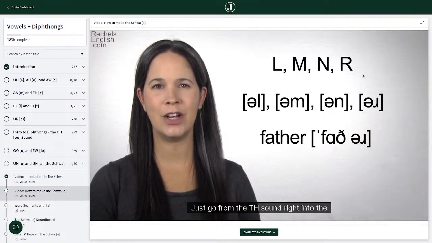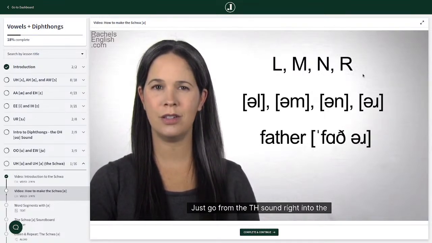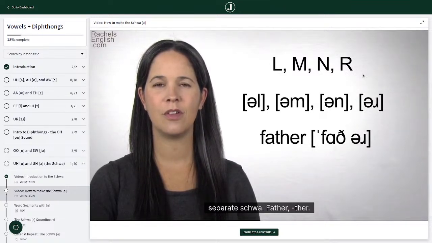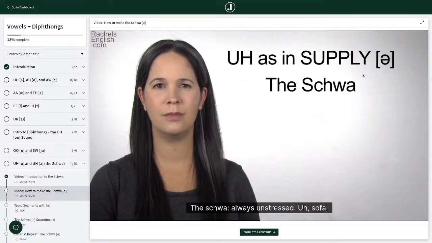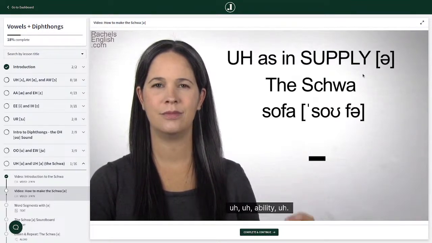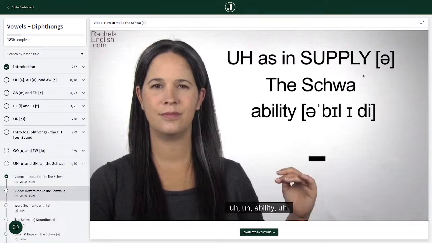Just go from the TH sound right into the R sound without trying to make a separate schwa. Father, there. The schwa, always unstressed. Sofa. Ability.